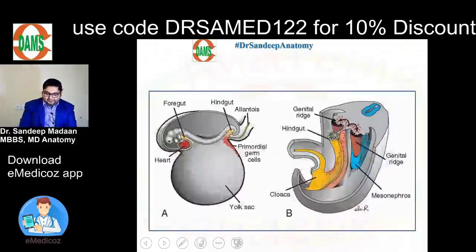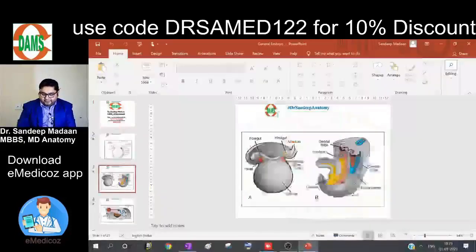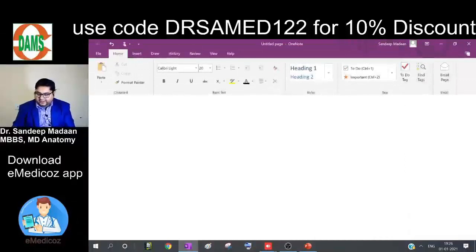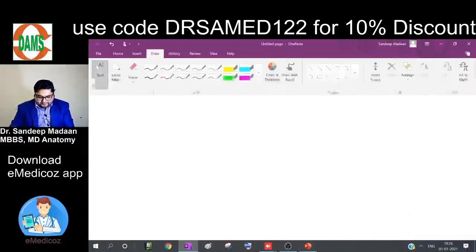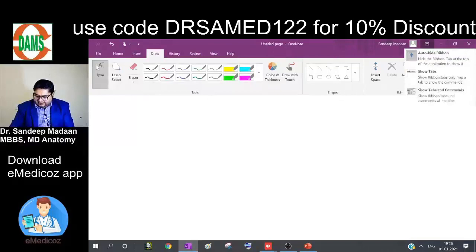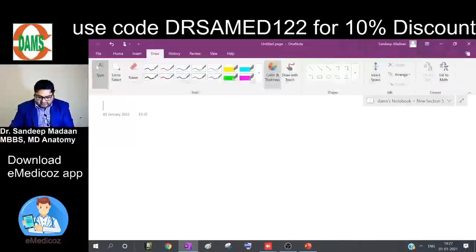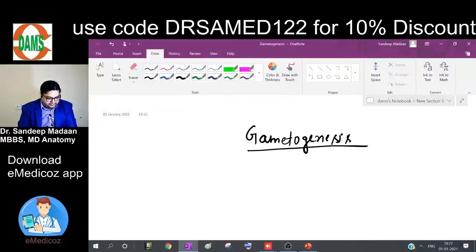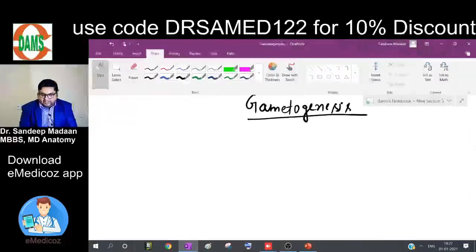Now let us write down a flow chart about this. Basically, we started with gametogenesis, and we started with the story of primordial germ cells, which take origin from the epiblast.